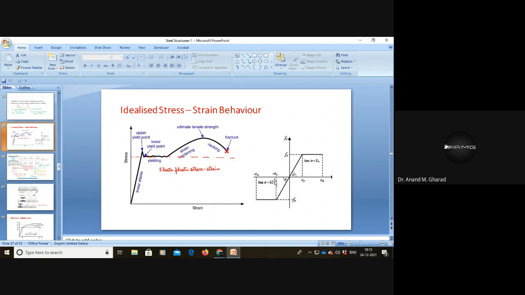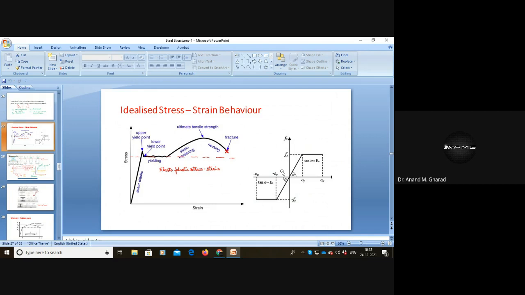A similar variation can be observed for the compression test also, and therefore if a steel member is subjected to force, whatever stresses are developed on the compression side will be the same or similar on the tension side.